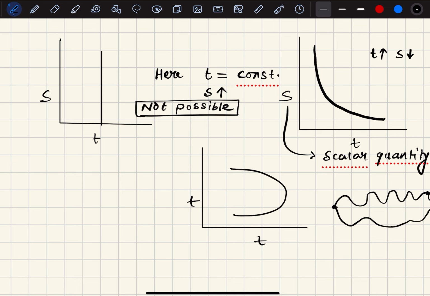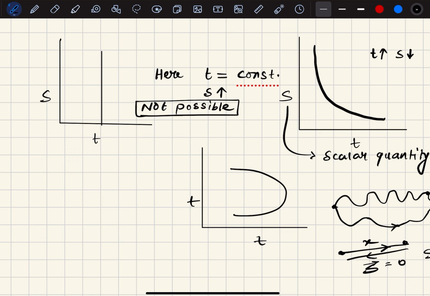So suppose I am going like this, I am coming back, definitely displacement is equal to 0, but distance is equal to 2x if this is x. Correct? So distance has to increase if time increases. It may remain constant, it cannot decrease. So this is not possible.